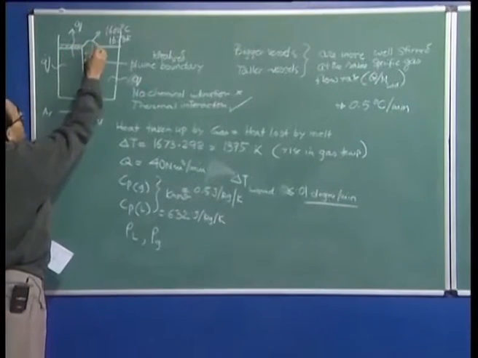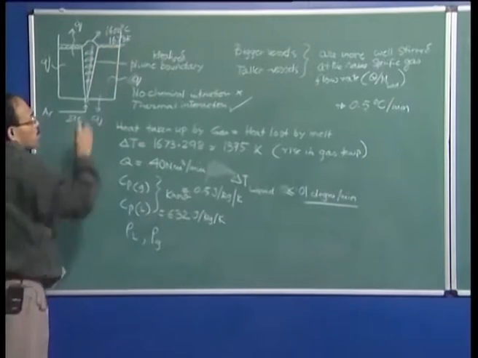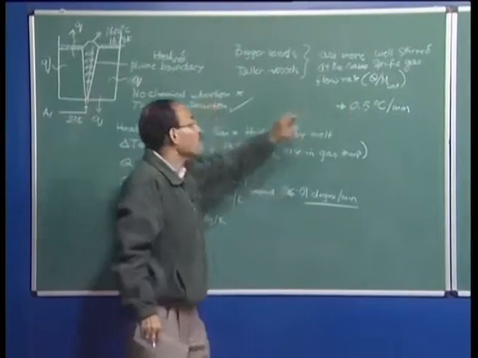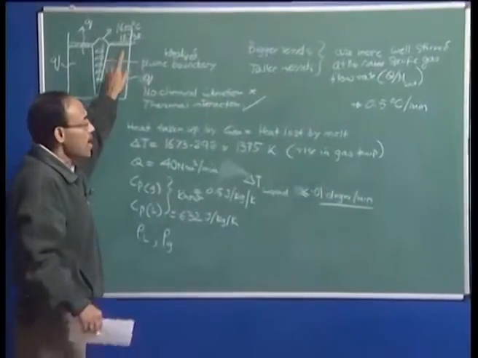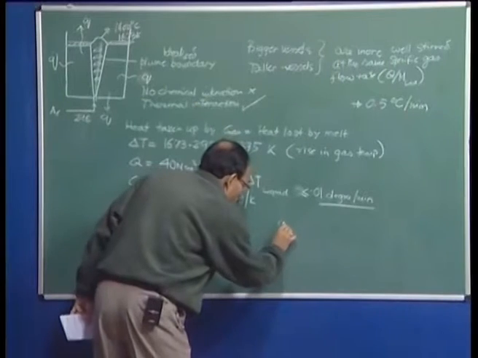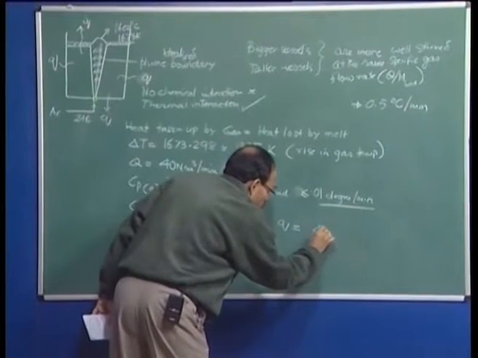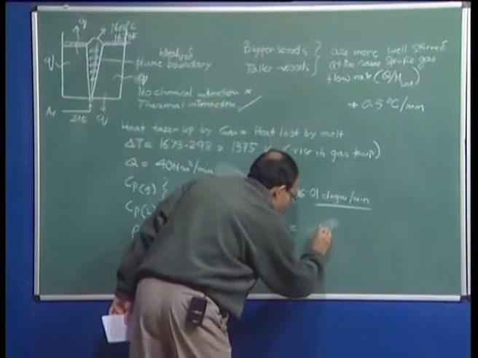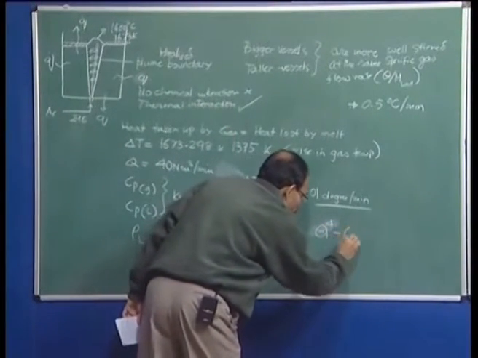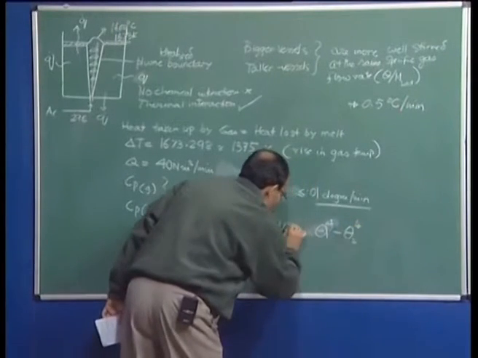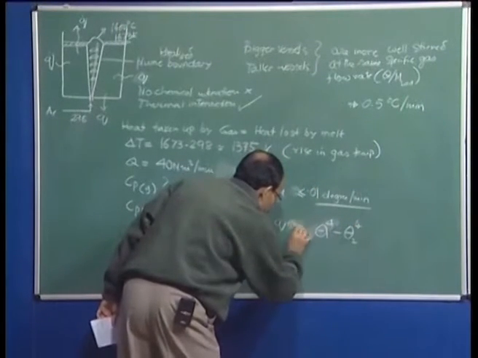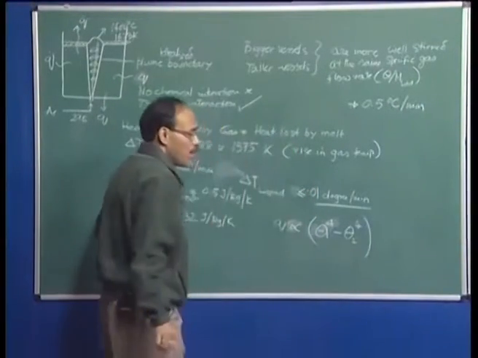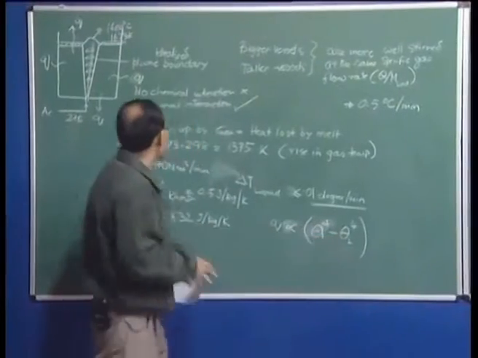Otherwise, if this surface is exposed, the drop in temperature could be significantly larger, because this surface is at 1600 degrees centigrade, and you know that the radiation loss is proportional to theta 1 to the power 4 minus theta 2 to the power 4. So theta 2 may be the ambient temperature, theta 1 may be the surface temperature.